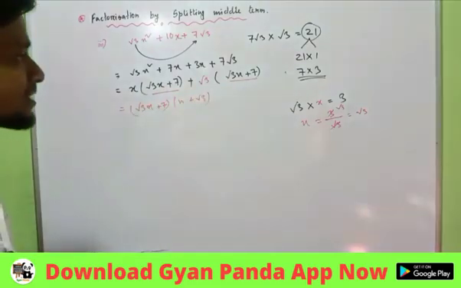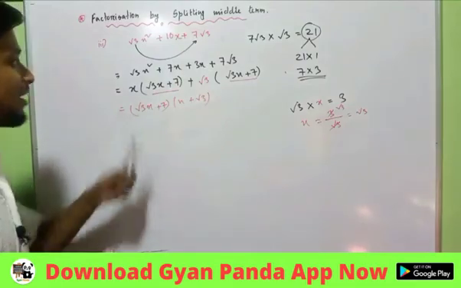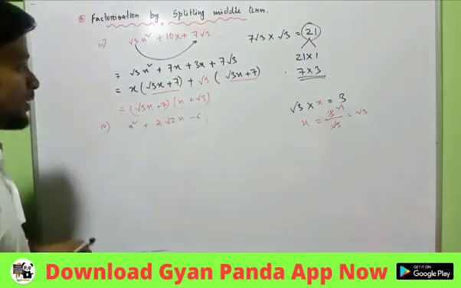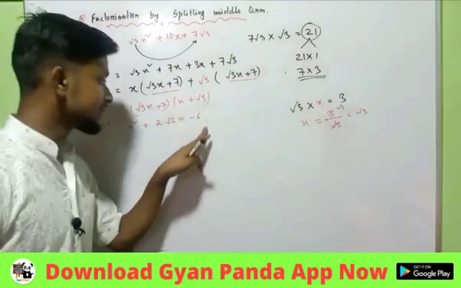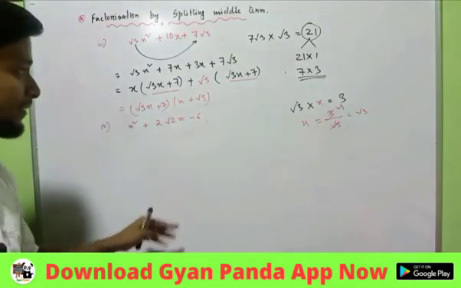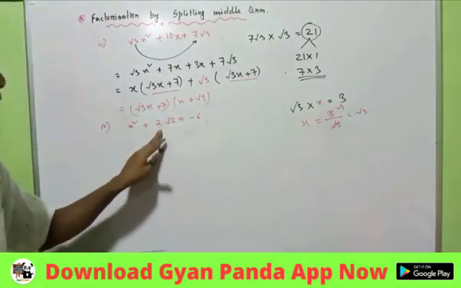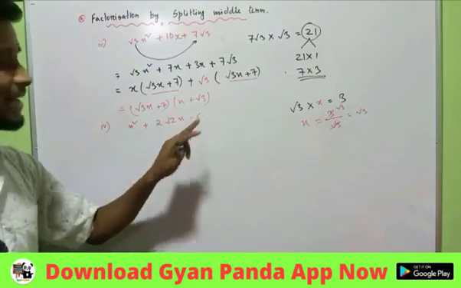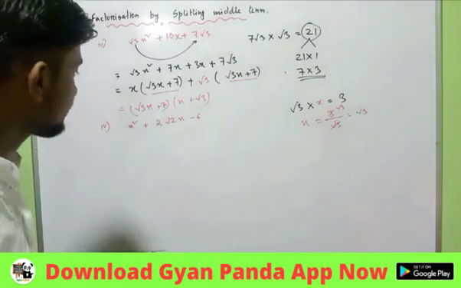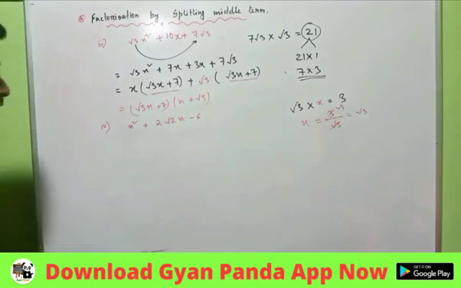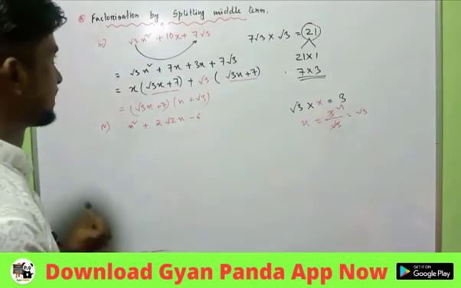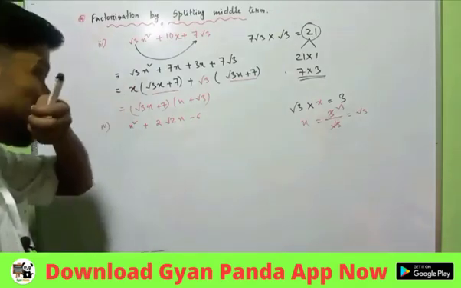Alright, let's take one more example of this kind. The next example we have taken is x squared plus 2 root 2x minus 6. In the same way we have to do it here.